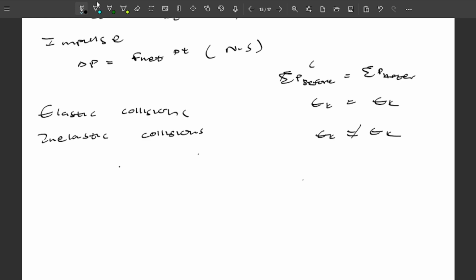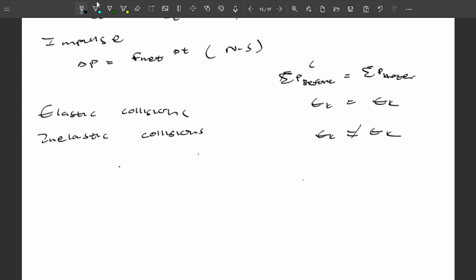You have to know that in the elastic collision, the kinetic energy is the same before and after. But this does not necessarily mean the momentum, or let's say, if you're given the total mass, the total momentum before has to be equal to the total momentum after. That's not the case most of the time.